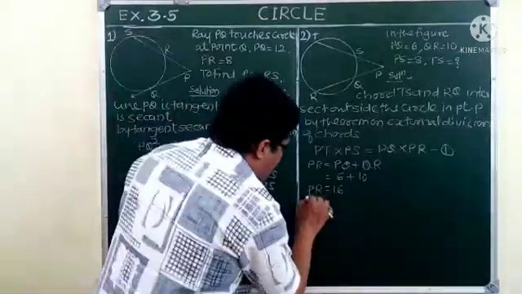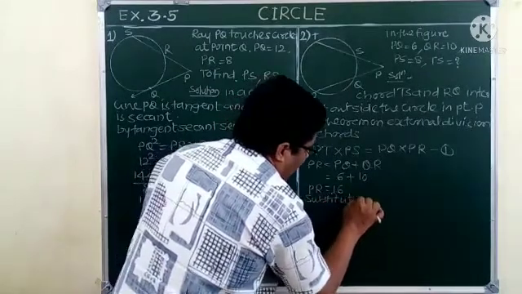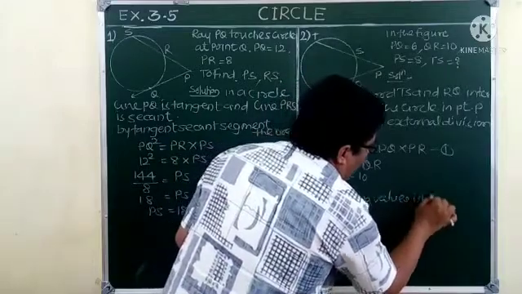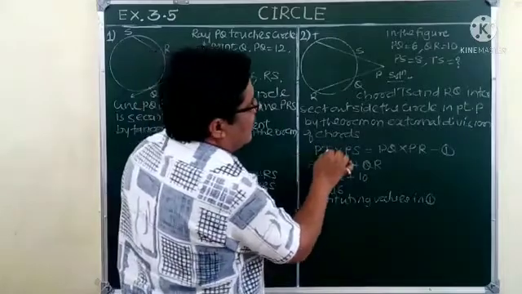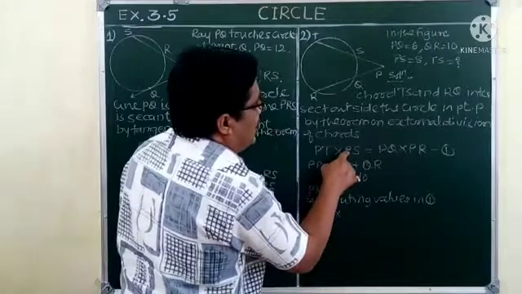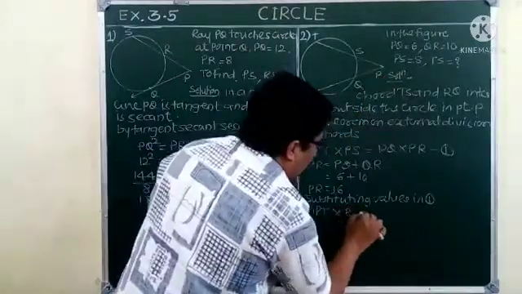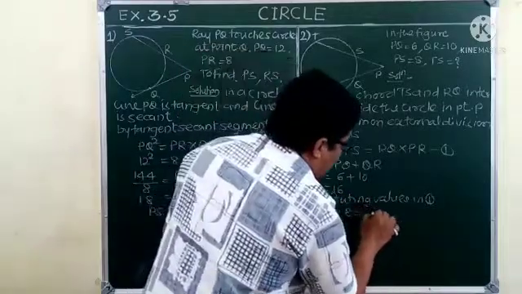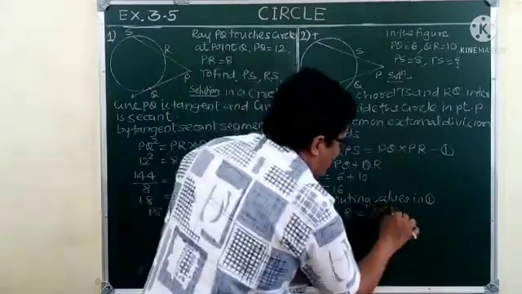Now substituting values in equation 1, PT या ठिकाणी दिलेली नाहीये, मग PT मल्टिप्लाइड बाय PS, तर PS आहे 8 is equal to PQ is 6 multiplied by PR is 16.